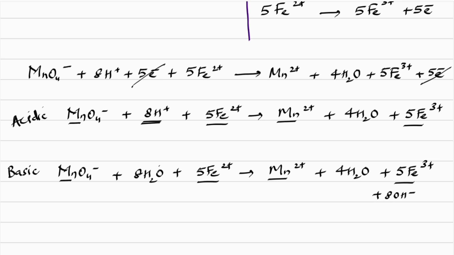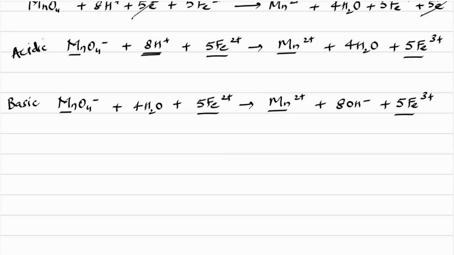Again, here we have 8 water and here we have 4 water, so that can be cancelled. So 4 water here becomes nil and here we get 4 water. Now this is the reaction which is balanced in basic medium. Let me just erase this here and write it here.